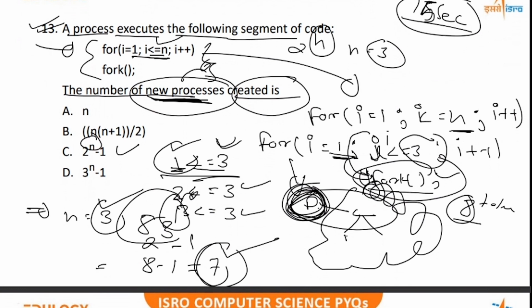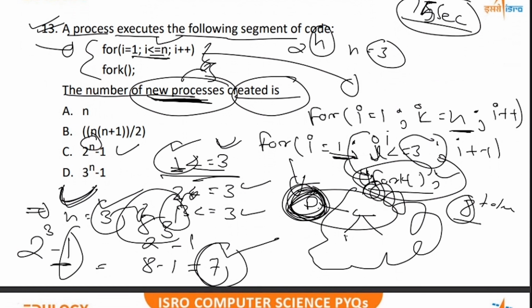In this example we put n as 3, so 2 power of 3 minus 1. We subtracted 1 because this is our main process and we want only the newly created processes.